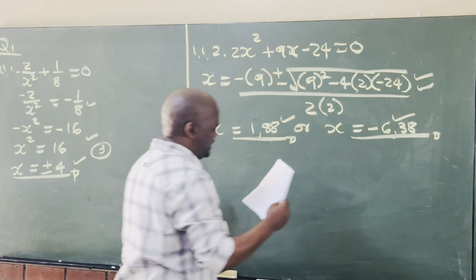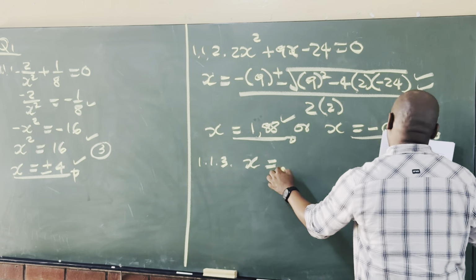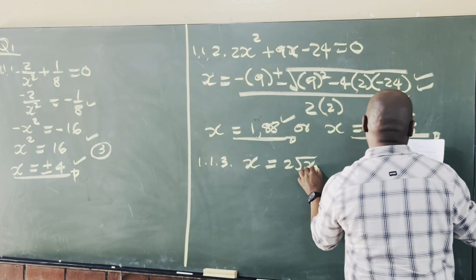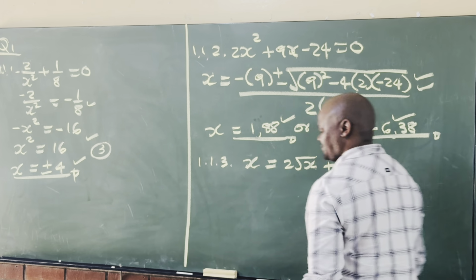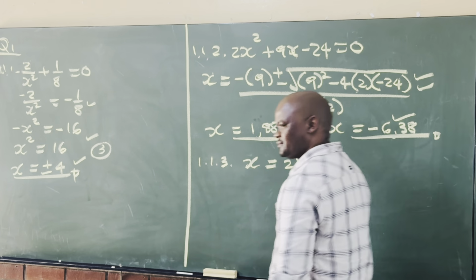1.1.3 says x is equal to 2 square root of x plus 3. Then you have to solve this equation. Transpose 3, which means on our left hand side we'll have x minus 3 is equal to 2 root x. Square both sides. Then what will be on our left hand side?